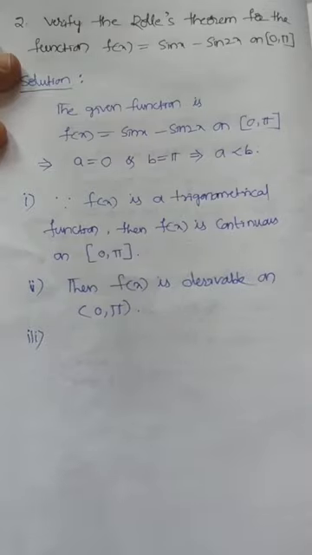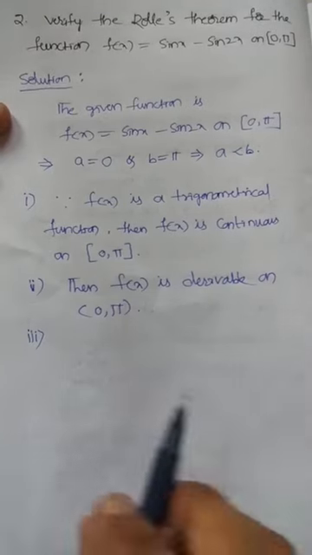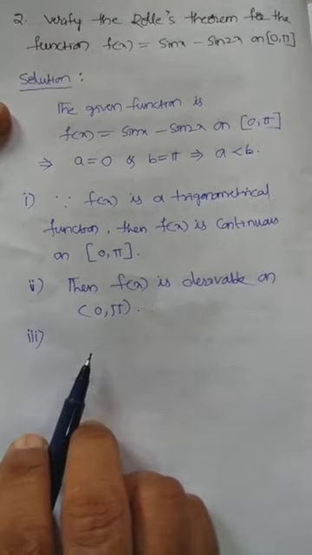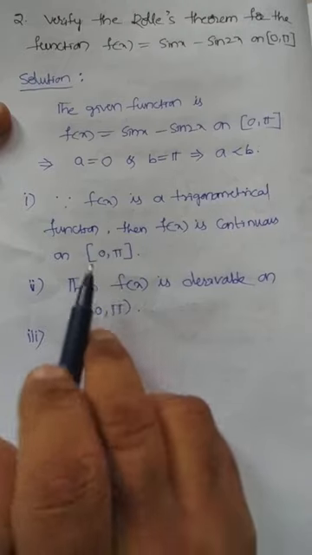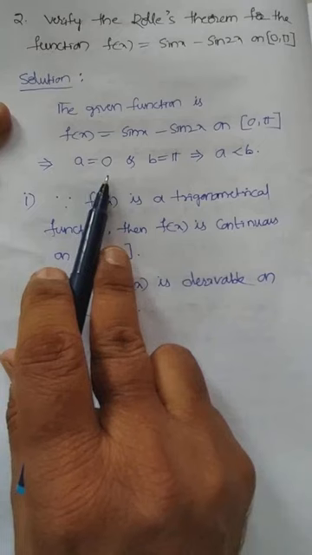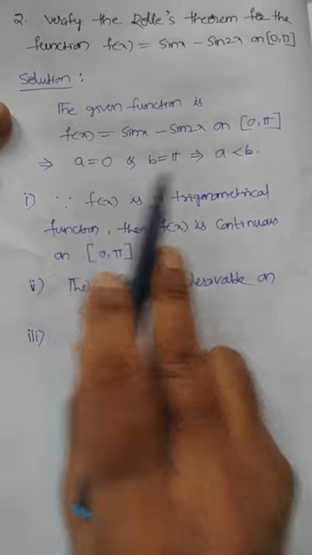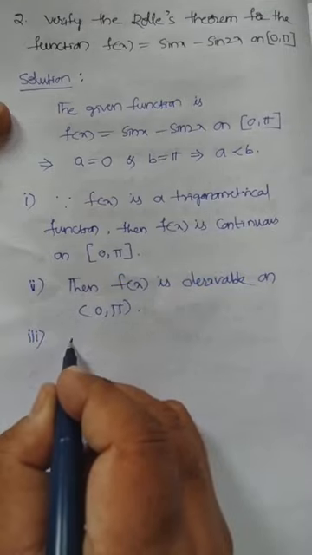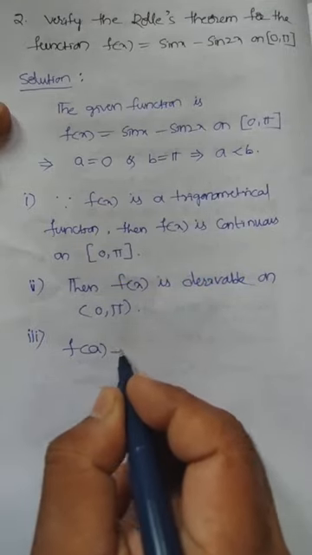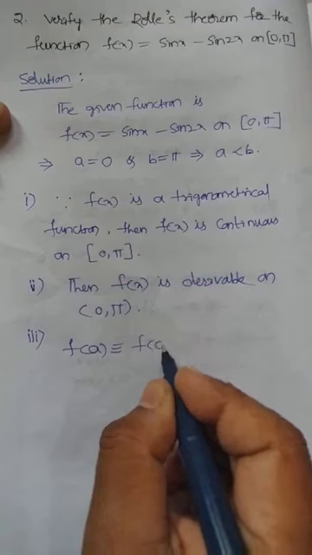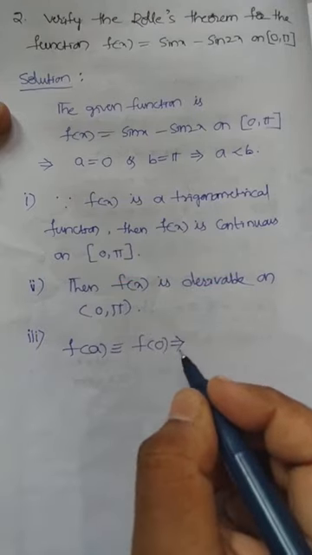The process to verify the third condition is very important. What is our first step? We have to show f of a is equal to f of b. Means f of 0 is equal to f of pi. We have to show. Let us check what is the f of 0 value. f of a, that implies f of 0, it implies what?